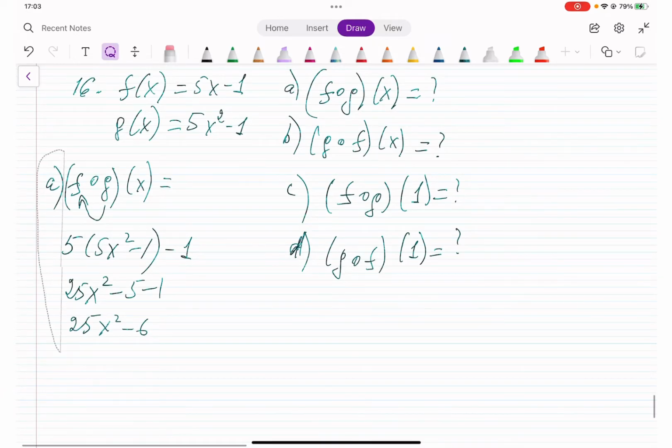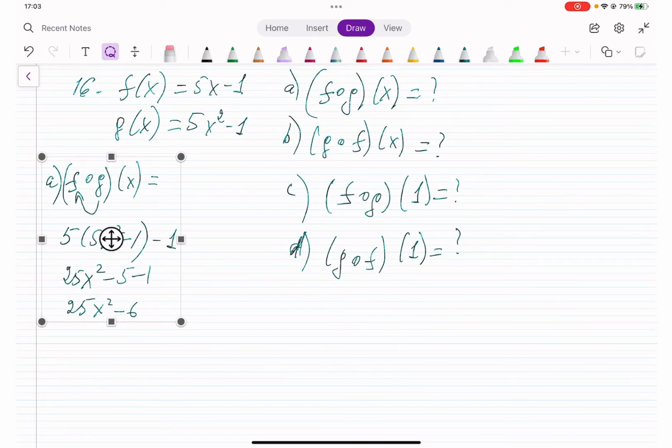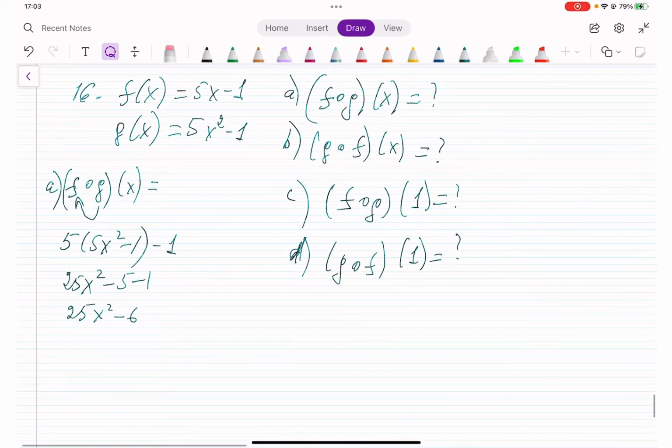Now let's do question B. It's going to be more challenging. So which means here we have to take f and enter into g.